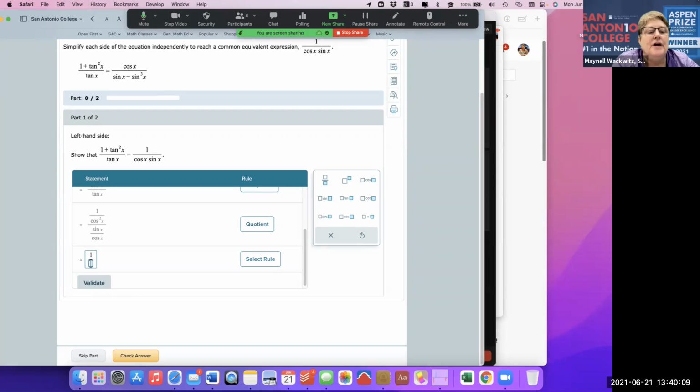And in the denominator, we're multiplying sine x over cosine x times cosine squared x. The intermediate step is we've got a 1 in the numerator, we've got sine x over cosine x, and we're multiplying it by cosine squared x. What divides out? Oh, the cosine x. Good.